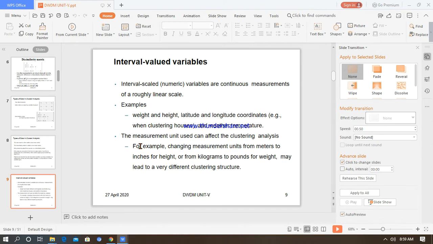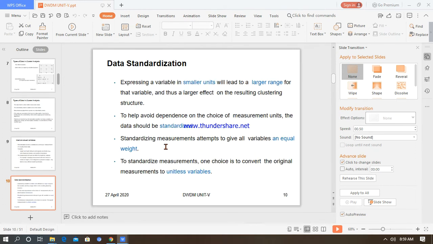The problem with this is, for example, changing the measurement units from meters to inches for height or kilograms to pounds for weight may lead to very different clustering structure. To overcome this, we need to do data standardization.